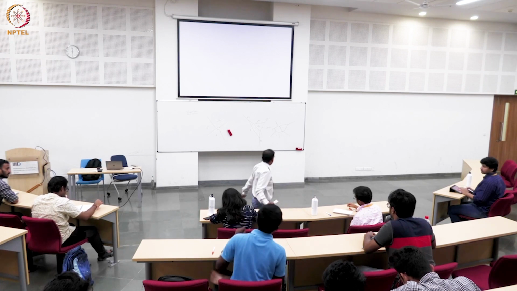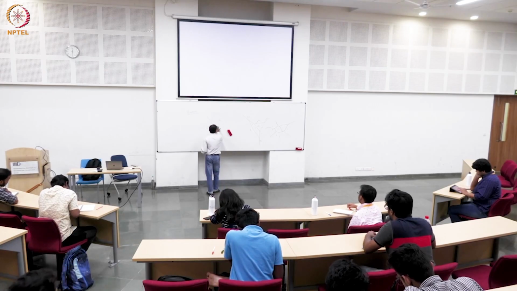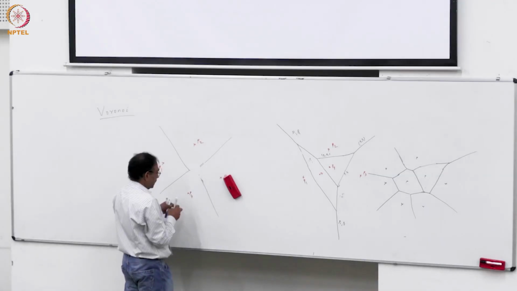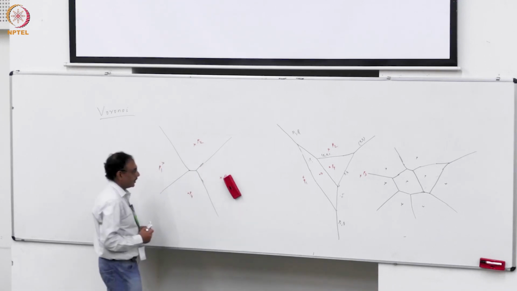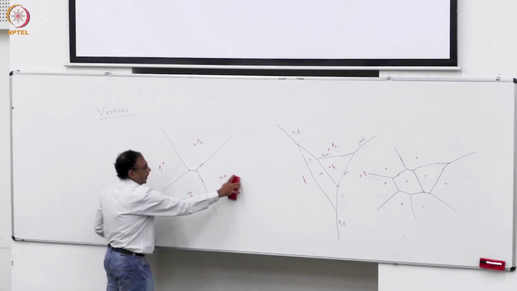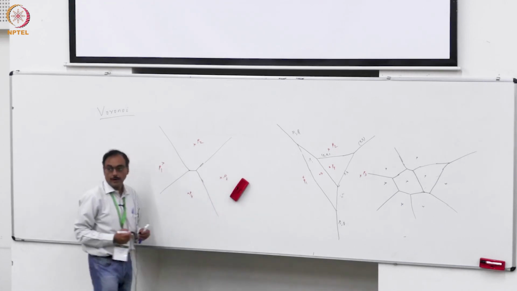For example, in this case, a little bit of change here. I don't connect P1 and P3 because I don't have a Voronoi edge between P1 and P3.